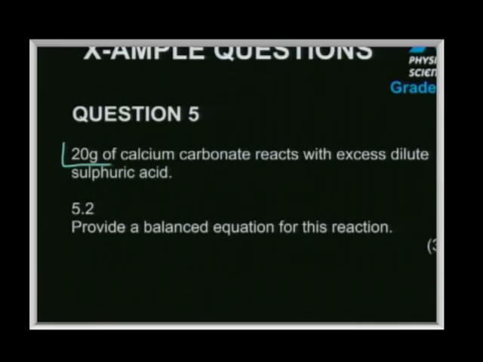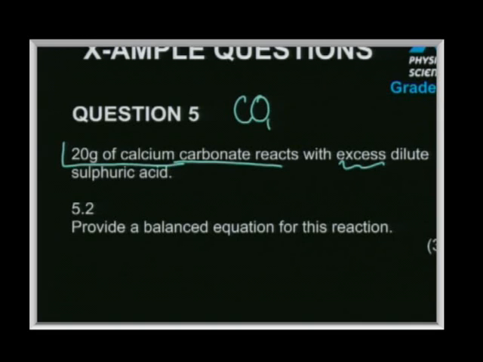Question 5.2. They tell us that 20 grams of calcium carbonate reacts with an excess of dilute sulfuric acid. Now remember, when we deal with an acid-base reaction, the one has to be an acid and the other one is going to be a base. All your carbonates, if they end off with the CO3 ion over there, if you can identify that carbonate over there, you know that that is a base that you are working with.